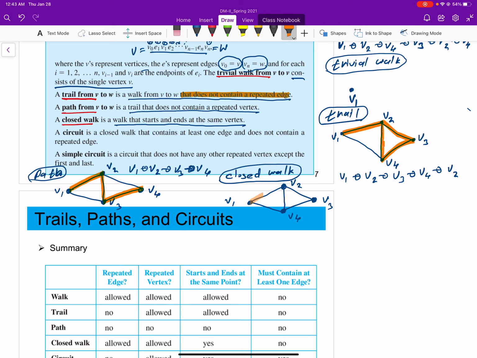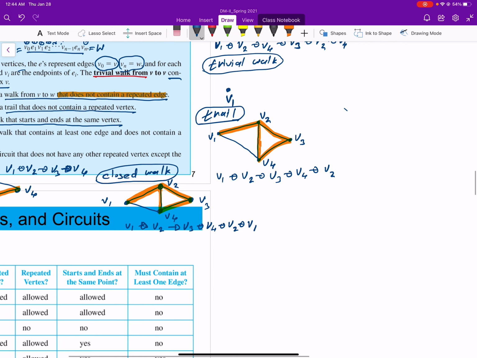You could mark the closed walk like this, and then you go up, and then come back to the same place. Now let me write this. This goes like V1 to V2 to V3 to V4 to V2 to V1. So you're coming back to the same place. That is called closed walk.